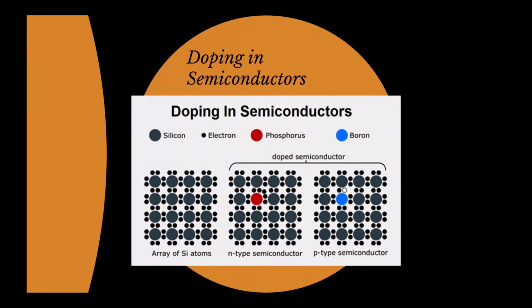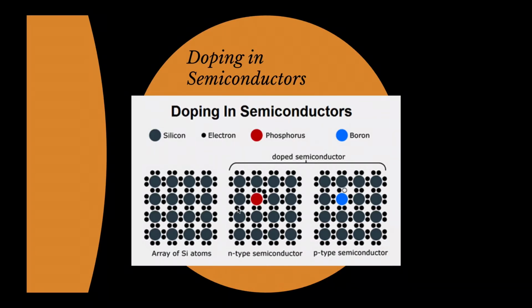The impurity that we discussed before is called doping in semiconductor terms. What does it do? It can change the property, like I said before. For example here, the red one is phosphorus. It goes inside the silicon here, and you see the dot adds one.